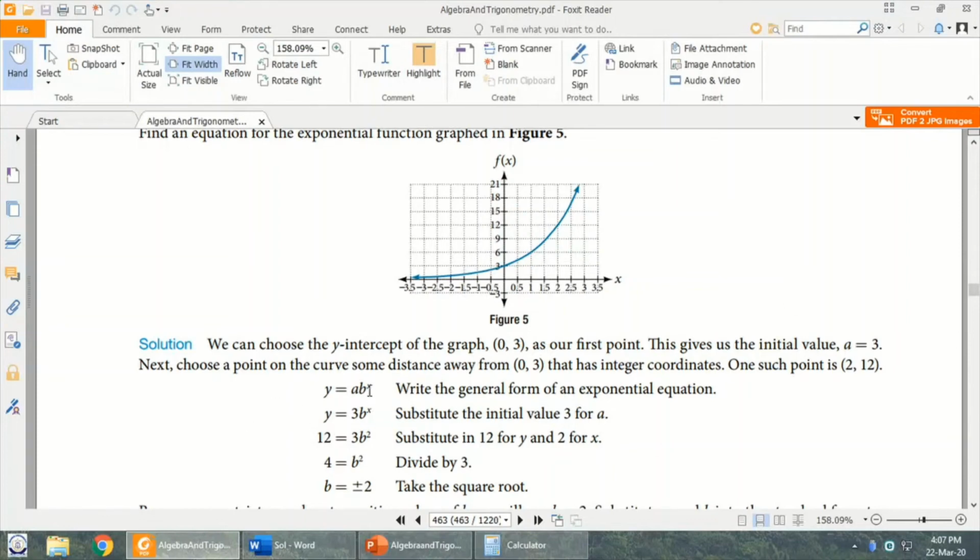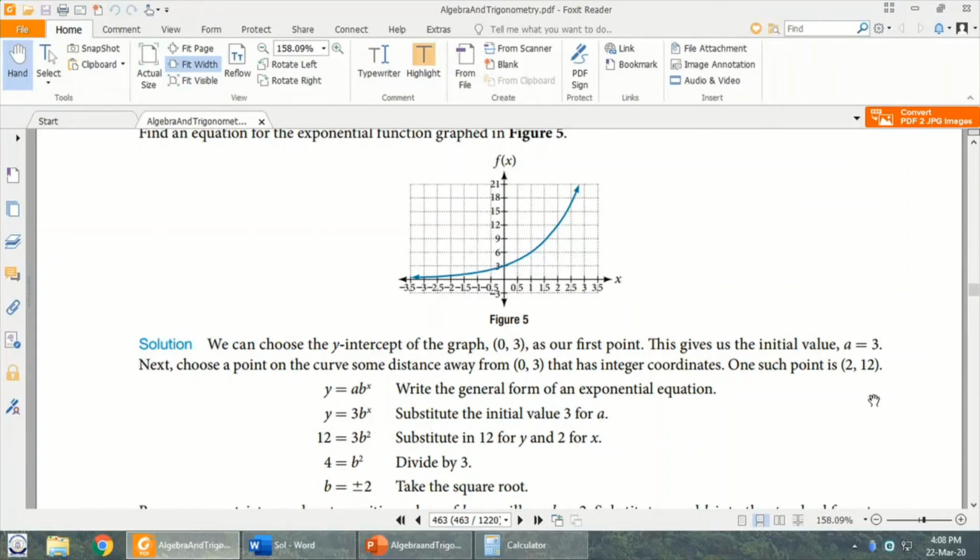And just like in the linear function, we have a plus bx, even then there's an intercept here. There's an intercept as 3, b raised to the power x. So we substitute the initial value 3 for a. Now in the second portion, we have the values 2 and 12.